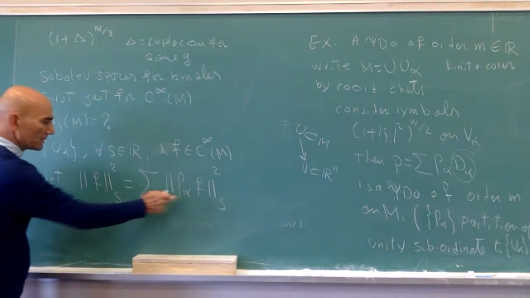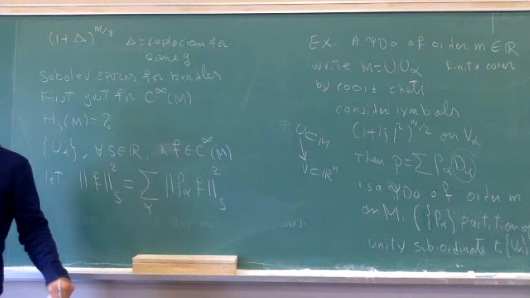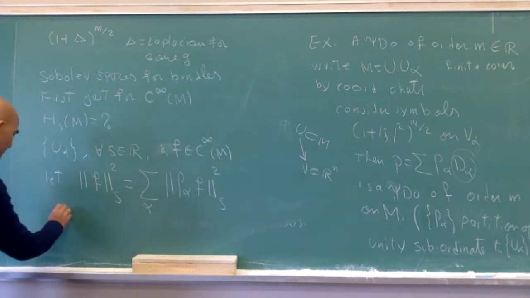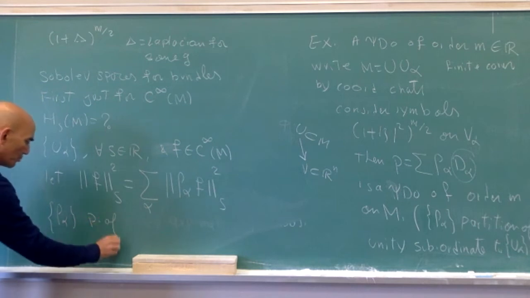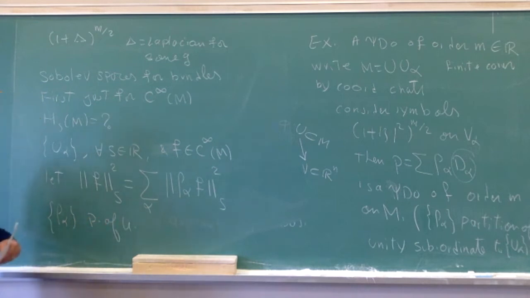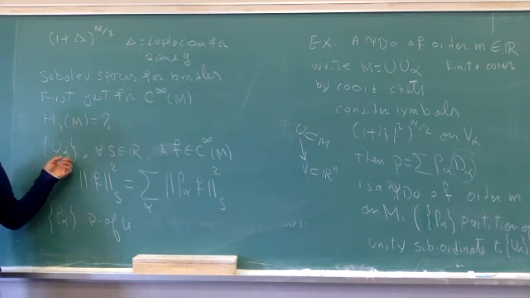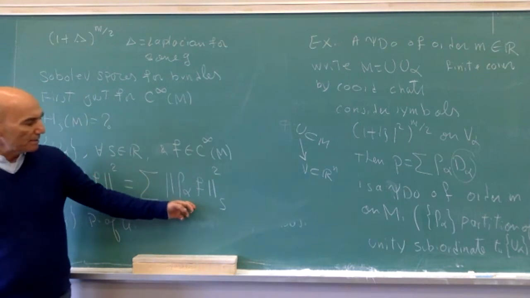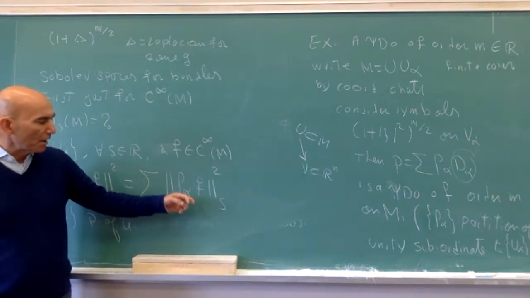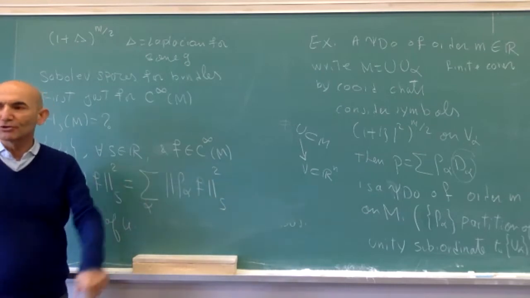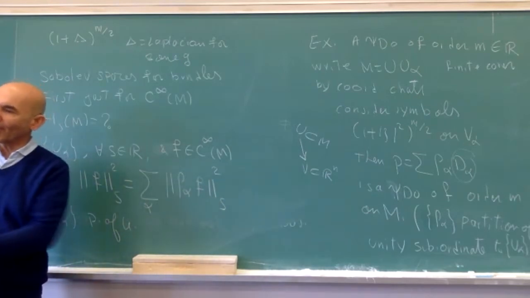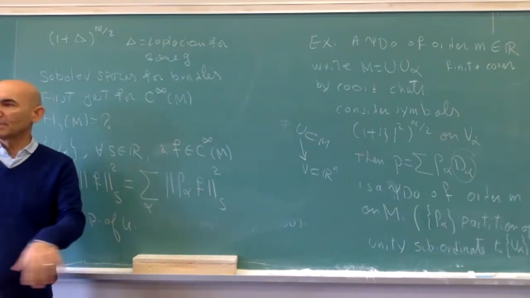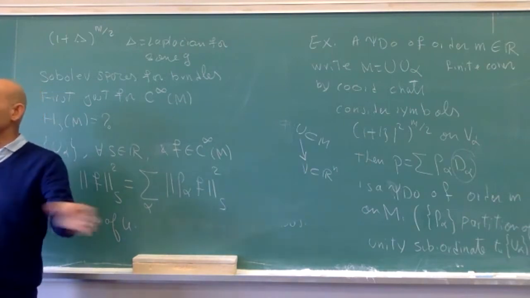Again, this rho alpha is a partition of unity subordinate to this open cover. And by this, we really mean the resulting function on this open subset of Rn. I just don't want to burden the notation with composing back and forth.